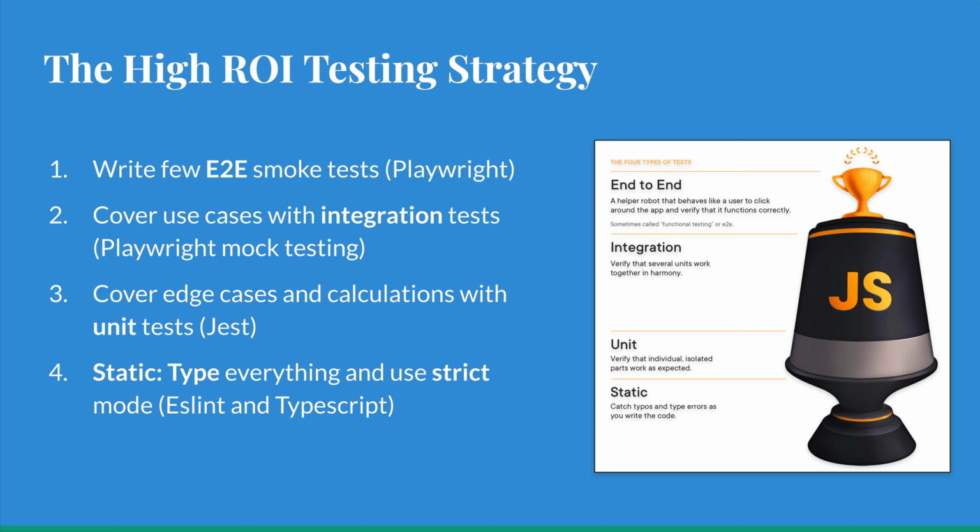And then we still have unit tests, and there you can use Jest, or you can use Vitest. It's a little bit faster, and I see it more commonly used now.